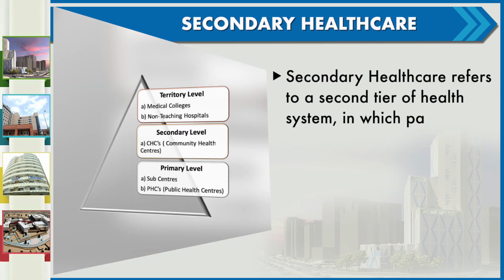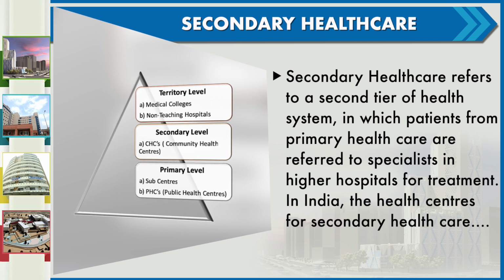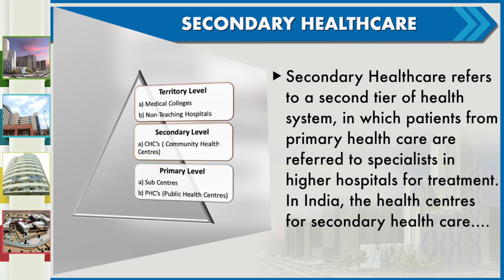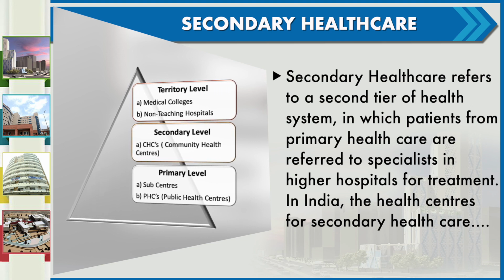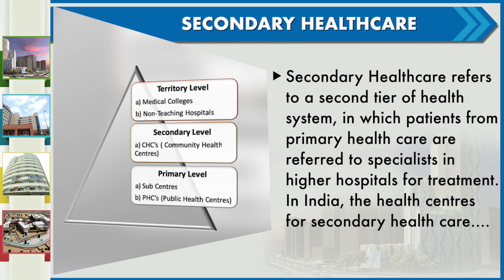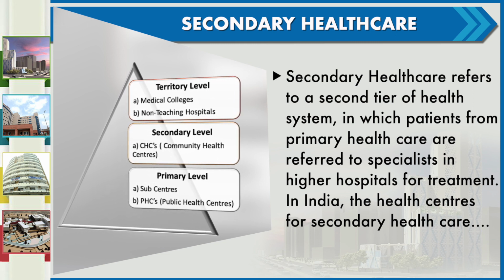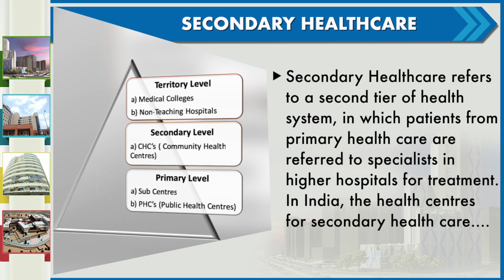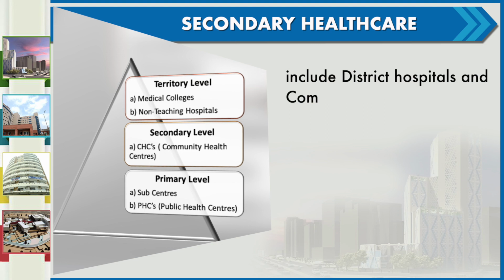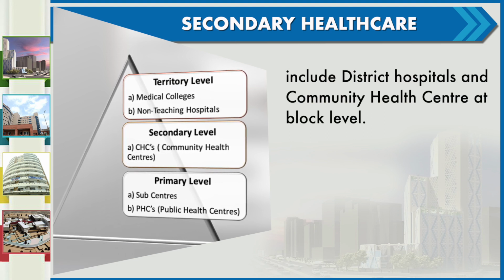So, the secondary healthcare system is the system at the second level, which is referred by the primary healthcare system. So, this is the level of a hospital. Most of our hospitals are secondary healthcare facilities in the tribal areas, rural areas, and far-flung areas, and the secondary healthcare includes district hospitals and community health centers at the block level.